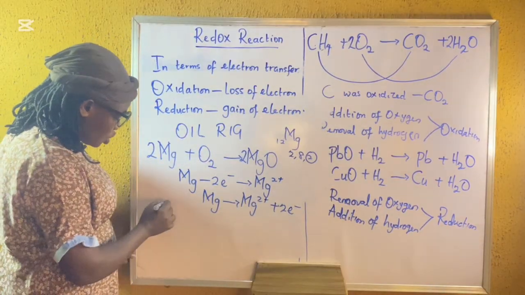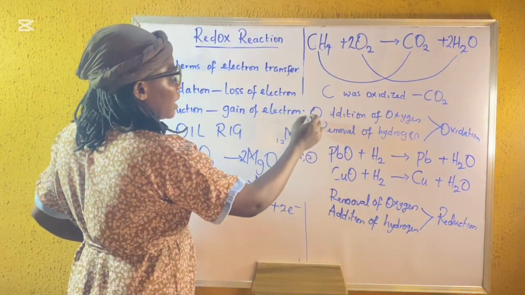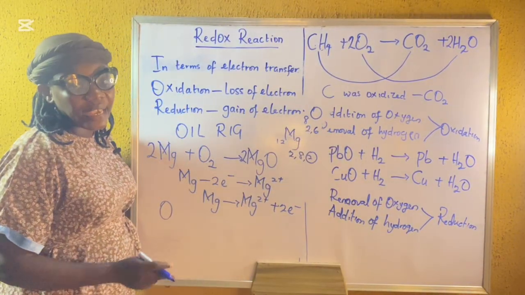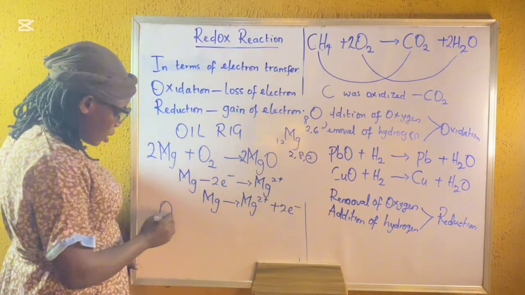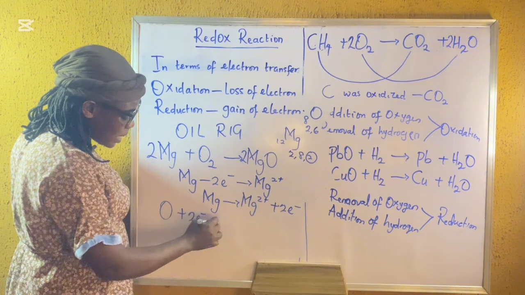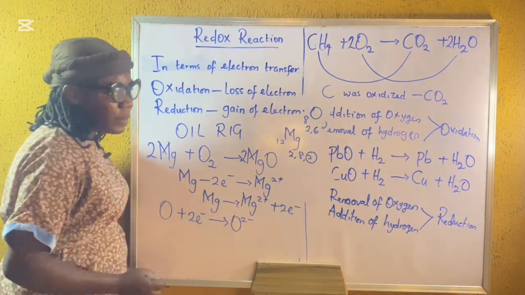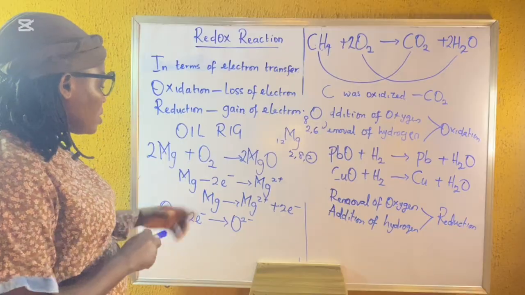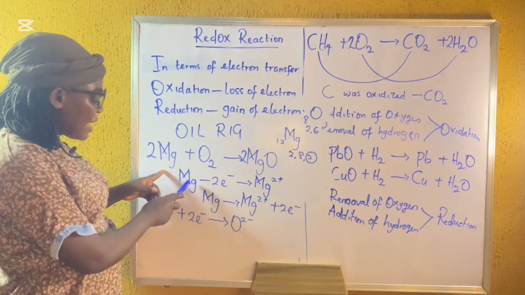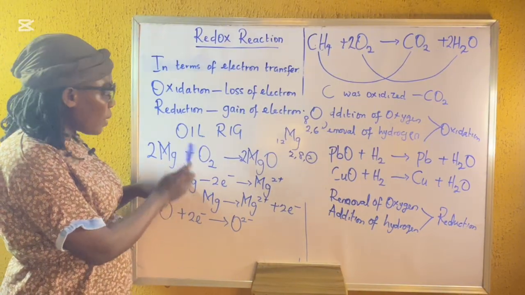And then oxygen, which is atomic number 8, 2,6. That means it is going to gain 2 electrons. Oxygen is going to gain 2 electrons. When it does that, it becomes O2-. So when oxygen is added to a substance, there needs to be a loss of electron.